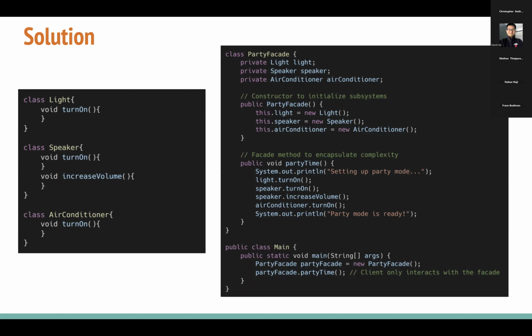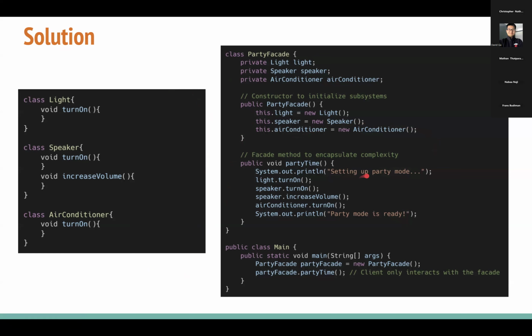So we can hide them in a class called PartyFacade. What you do here is you create a party facade, and then you have the fields that have all of these subsystems or subclasses. Then in the constructor, you do the regular constructor stuff.